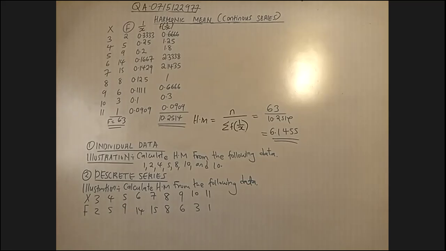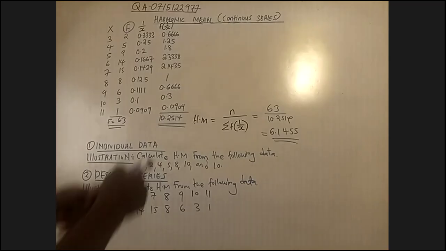Okay, let us do the continuous series. This one was what we were doing, discrete. Now we have done individual data harmonic mean, then we did discrete.